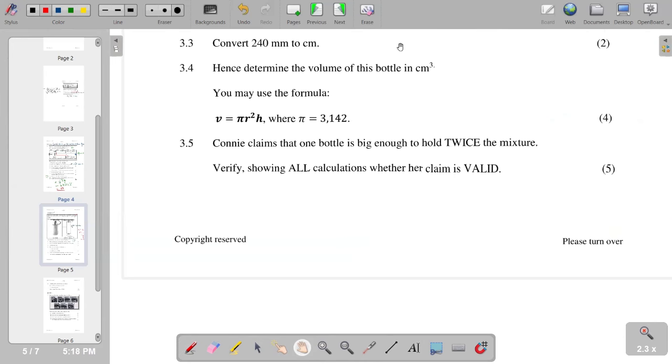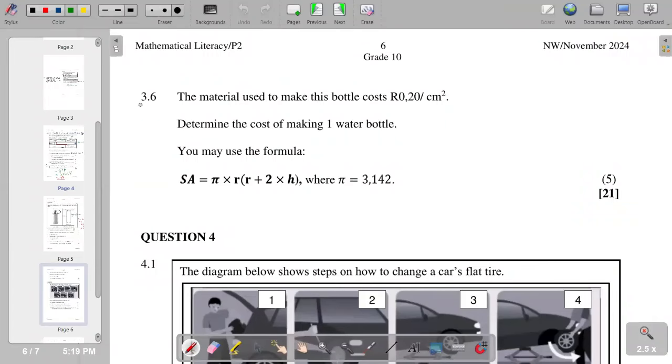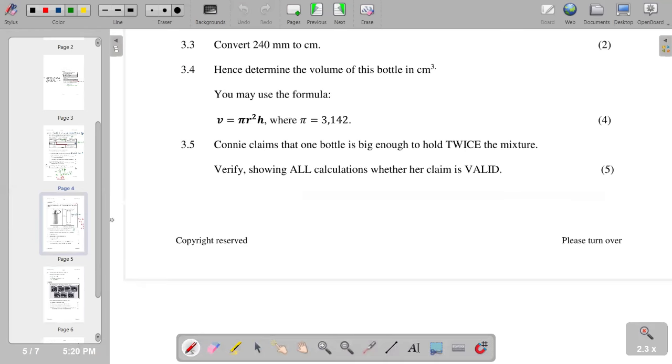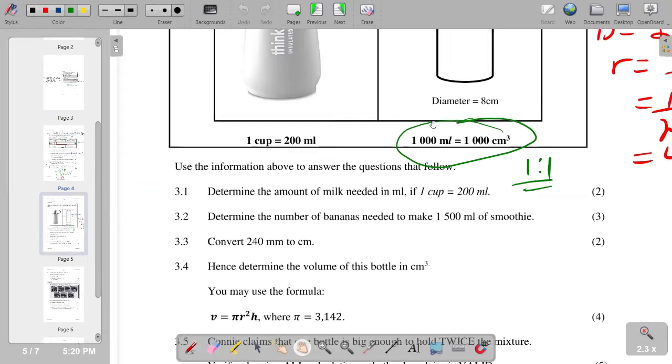So from there, we move on to the next part. So 3.6, the material used to make this bottle costs 20 cents, of course, this is 20 cents per square centimeter. Determine the cost of making one water bottle. You may use the following formula. So we know that pi is equal to 3.142, and then we multiply by your radius, which we did calculate. We got it as 4 centimeters, which is half of 8 centimeters.